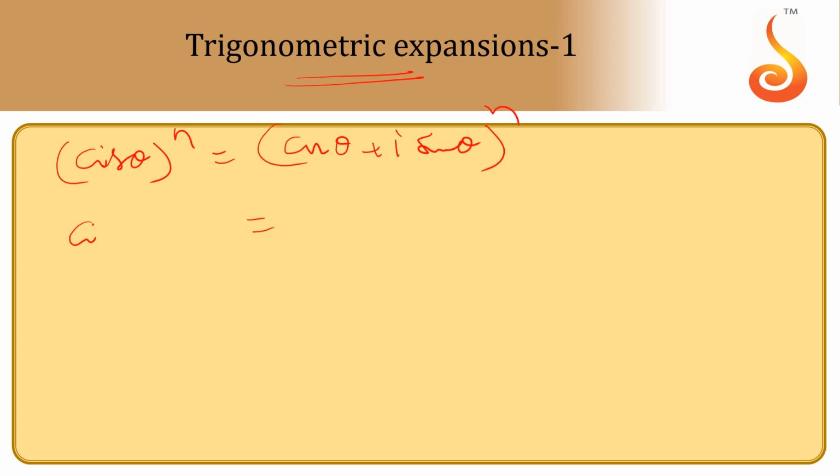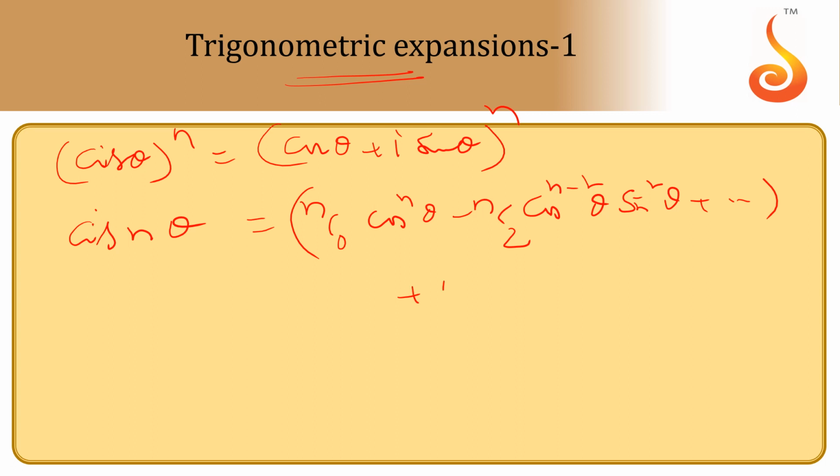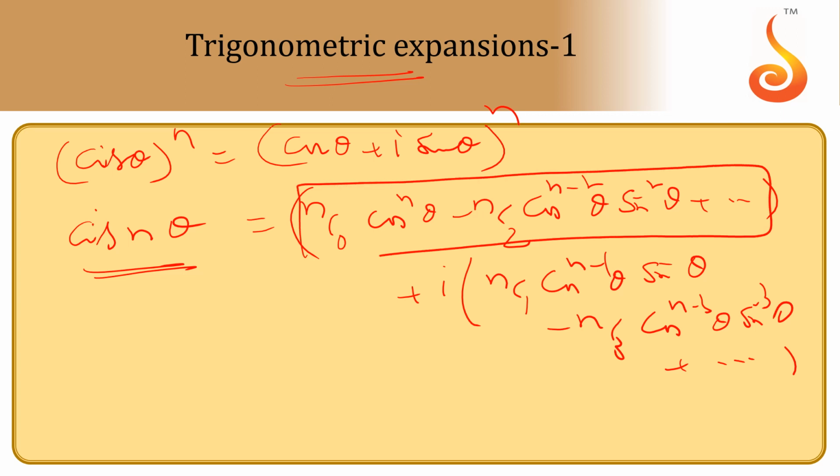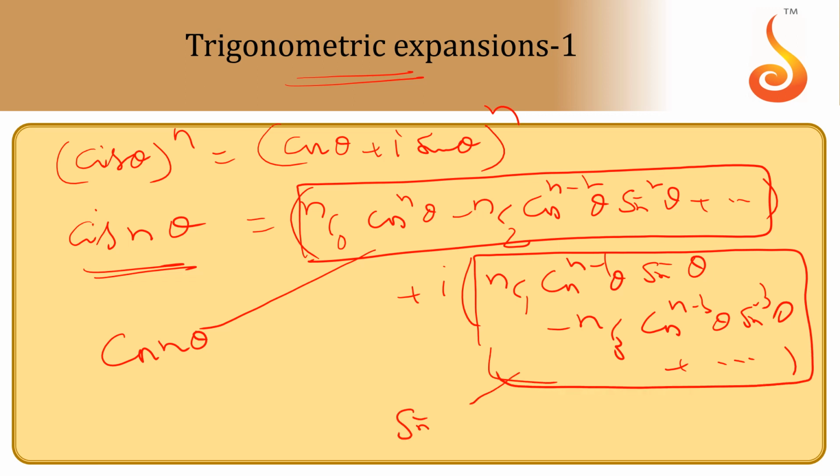The left side is cis n theta, which is de Moivre's theorem, and the right side is nC0 cos^n theta minus nC2 cos^(n-2) theta sin^2 theta plus so on, this is the real part, plus i times nC1 cos^(n-1) theta sin theta minus nC3 cos^(n-3) theta sin^3 theta plus so on, because I took i common. So if we equate the real and imaginary parts, the first bracket will be the cos n theta expansion, the second bracket will be the sin n theta expansion.